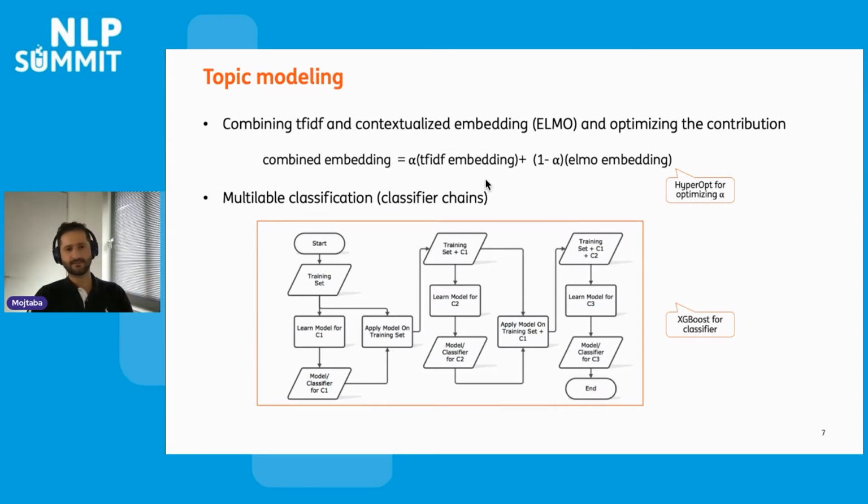It means that the result of each single binary classifier will be an input of another single binary classifier. That's how we can take into account correlation between topics. As a classifier, we use basically XGBoost. That's how the topic modeling worked out for us.